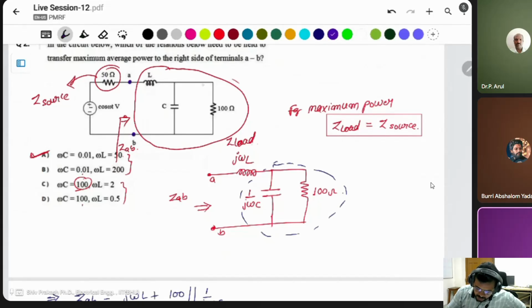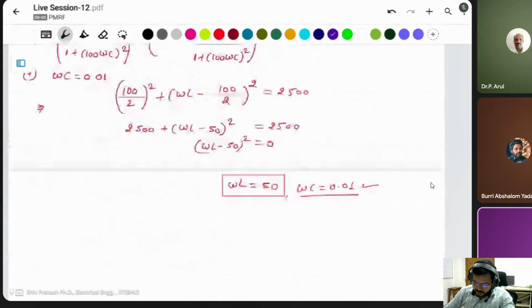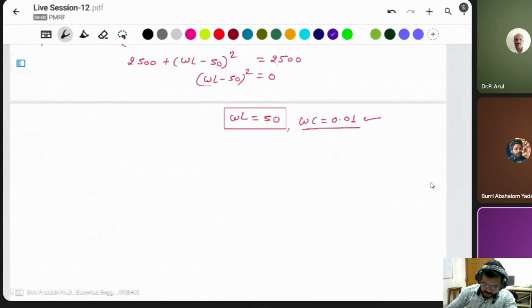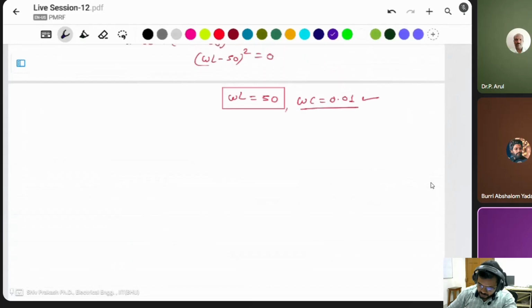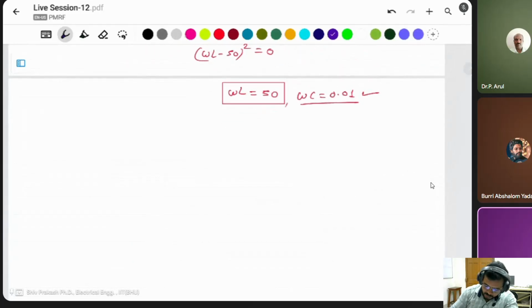That means the whole thing is behaving like a load. And for maximum power, the load impedance should be equal to the source impedance. There are many types of load and source, and many conditions. Suppose condition number one for maximum power.